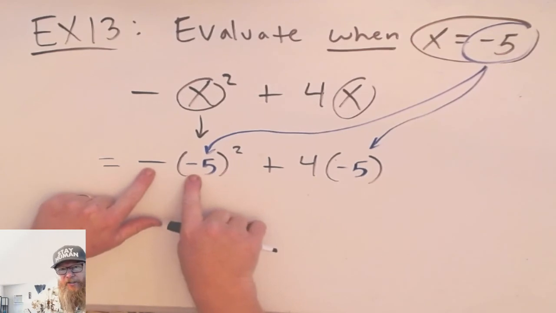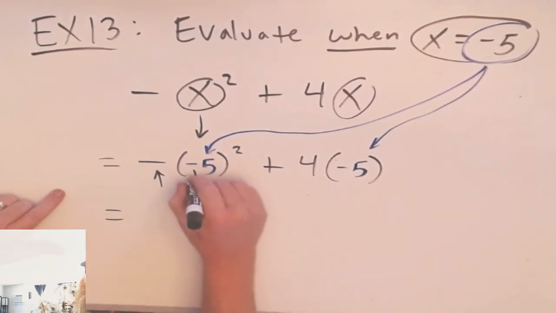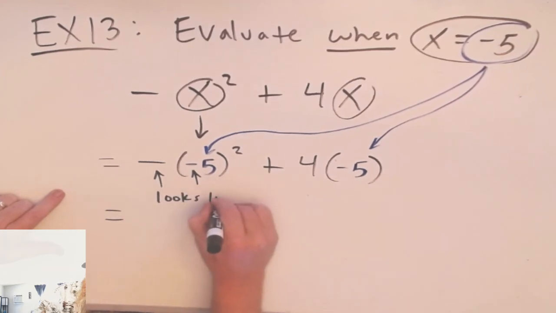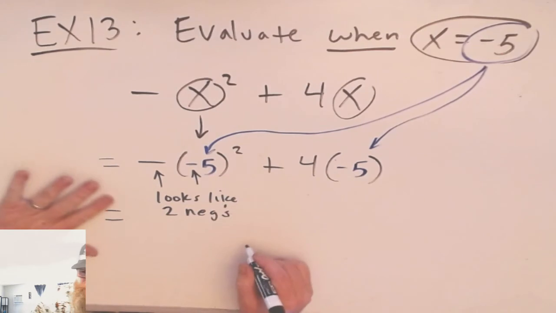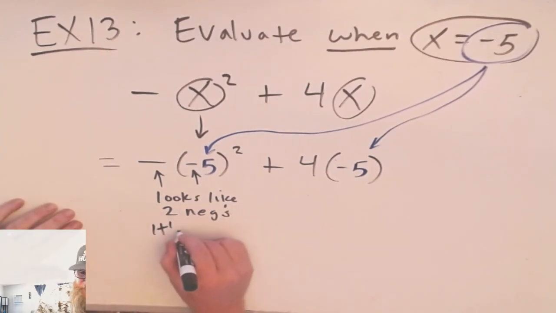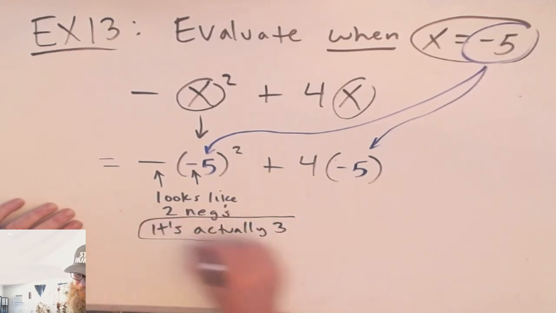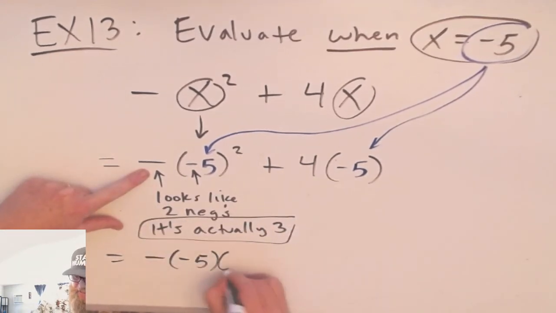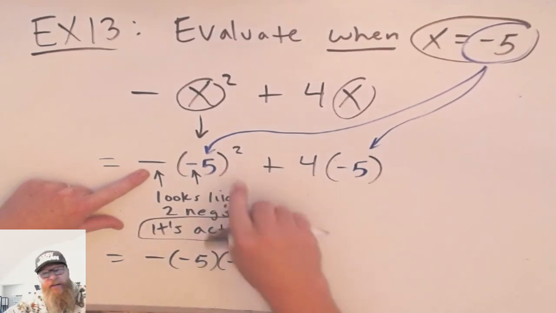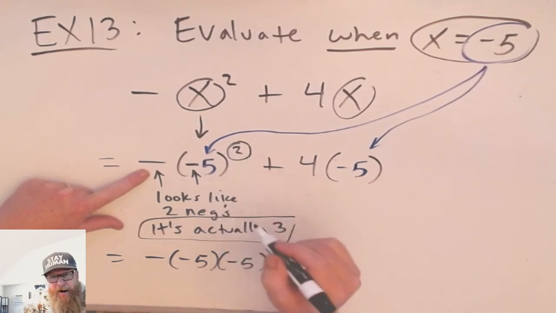Okay, now this looks like two negatives. But it's not. This actually means negative times a negative times a negative, because this negative inside the parentheses is being squared.